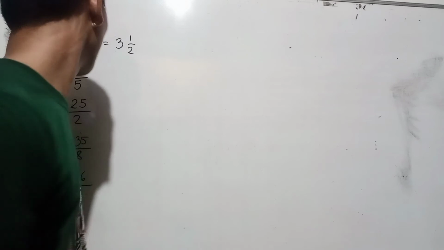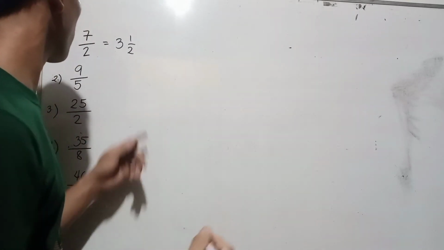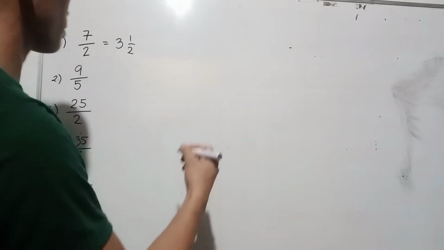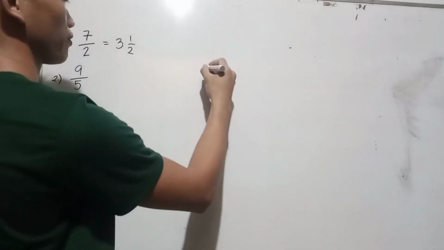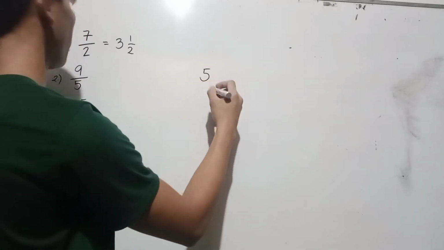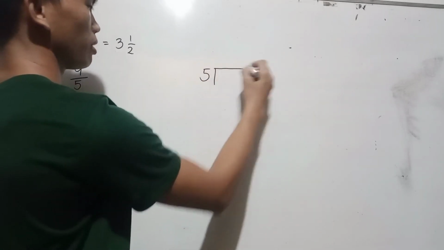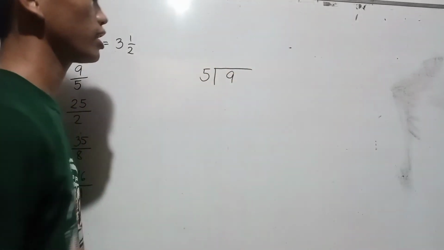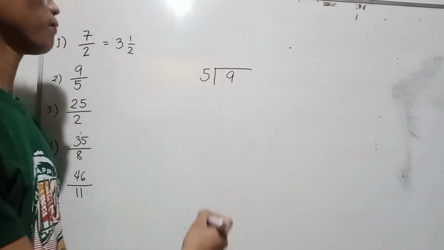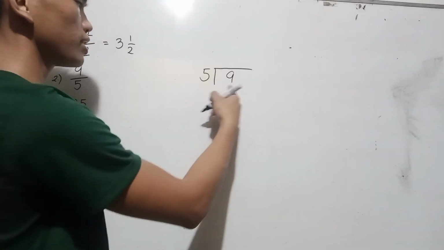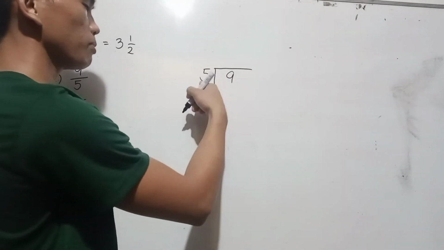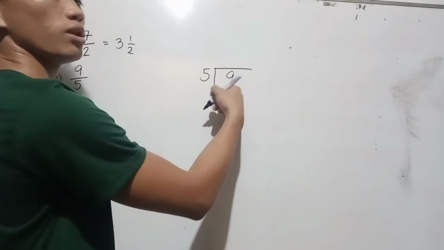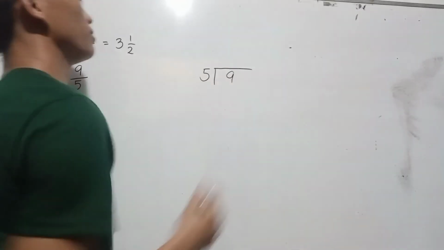Number 2: 5 will come outside, and 9 will be the dividend. So think of a number that, when you multiply by 5, is lesser than 9.